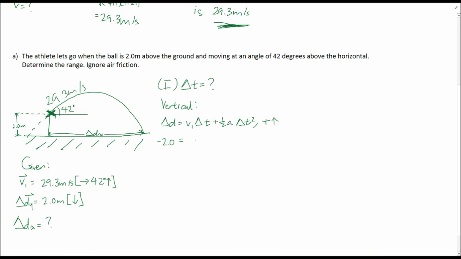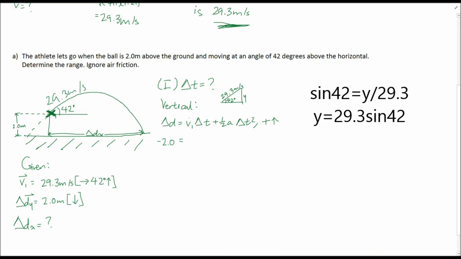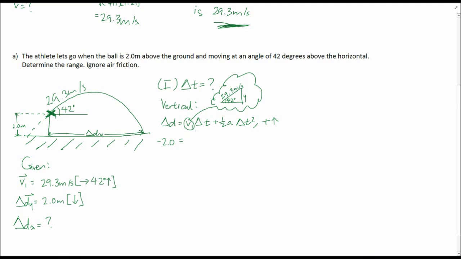Negative 2.0 is equal to 29.3 sine 42 delta t plus 1/2 a, where a is just the acceleration due to gravity, negative 9.81, delta t squared. From there, you just rearrange this equation so that it gives you a quadratic equation.